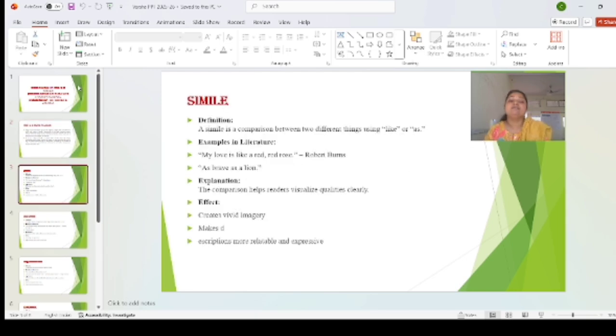The very first type of figure of speech is simile. A simile is a comparison between two different things using like or as. For example, my love is like a red rose, and the line is by Robert Burns. And the second example is as brave as a lion.